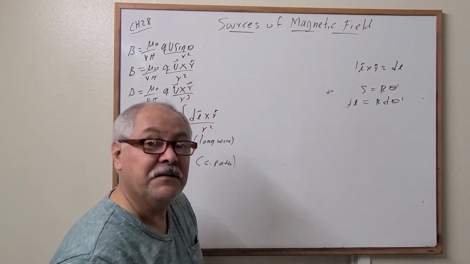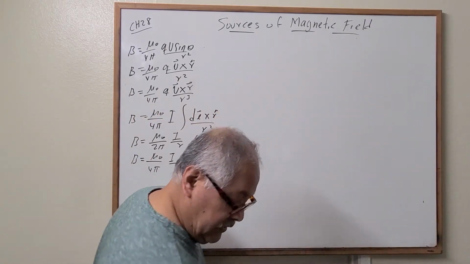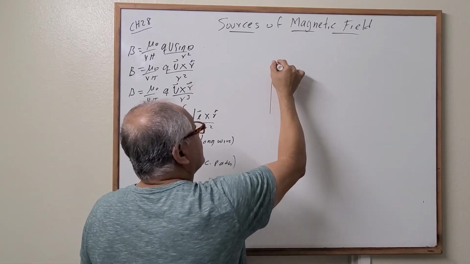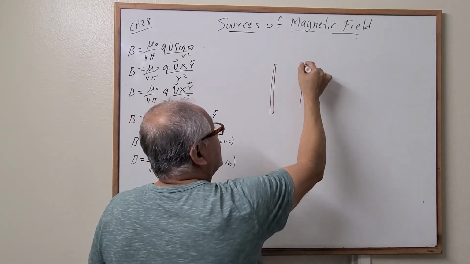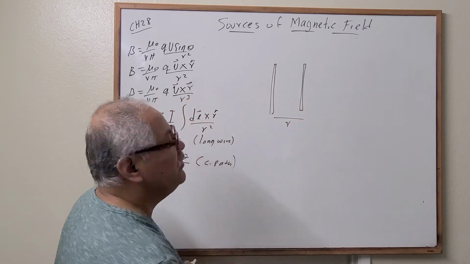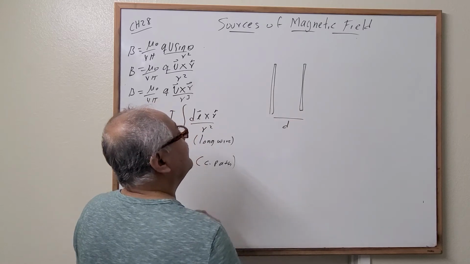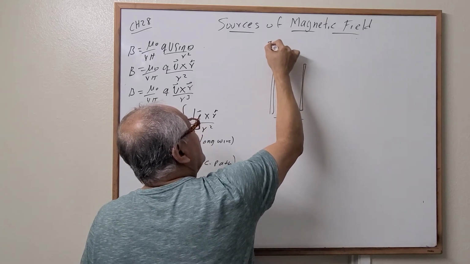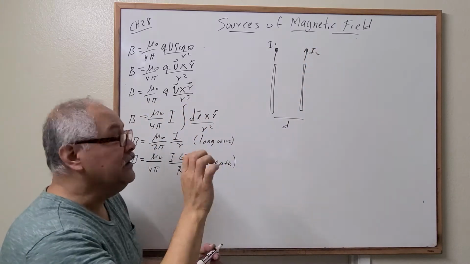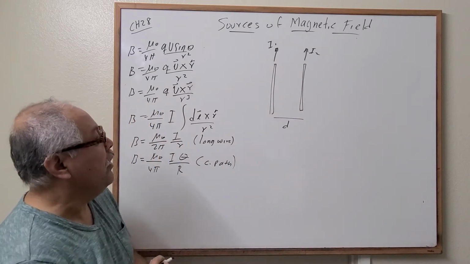Imagine that we have these two wires at some distance d. Okay, one distance d. And this is current 1 and this is current 2. Of course we have the magnetic field creation because of the current through these two wires.